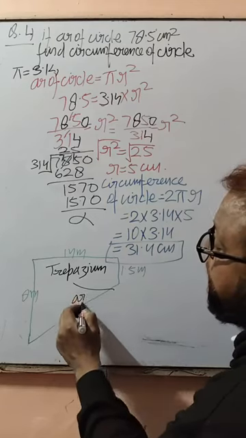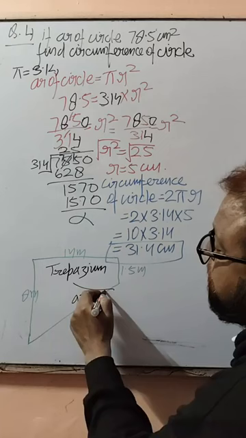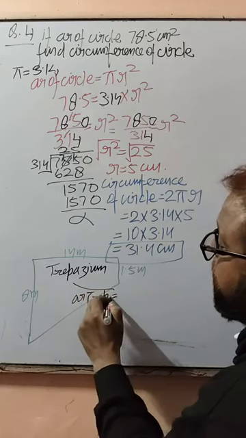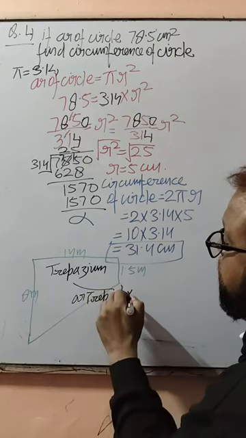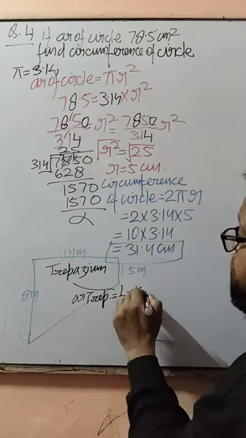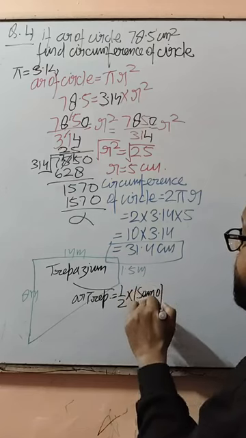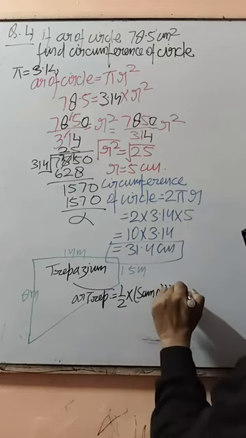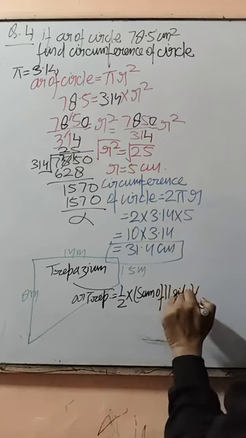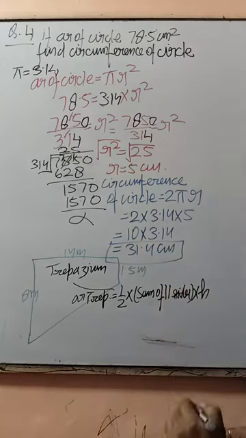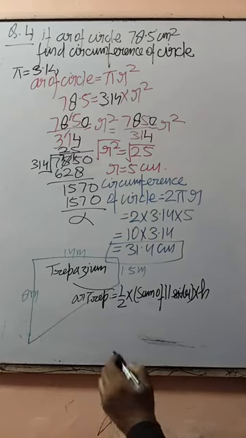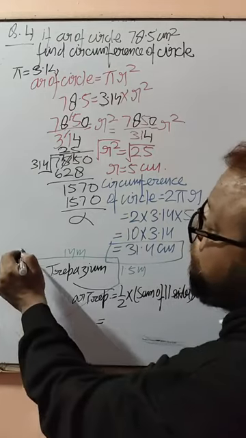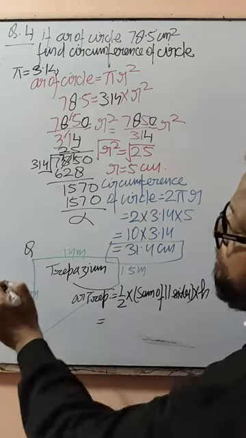So area of trapezium is equal to 1 by 2 into sum of parallel sides into height. Right? Yes, sir. So your question number? Second.